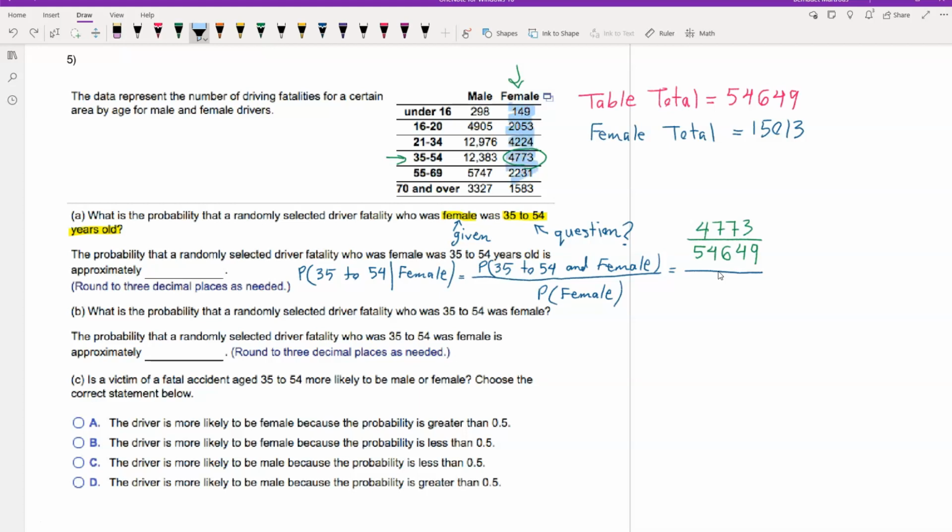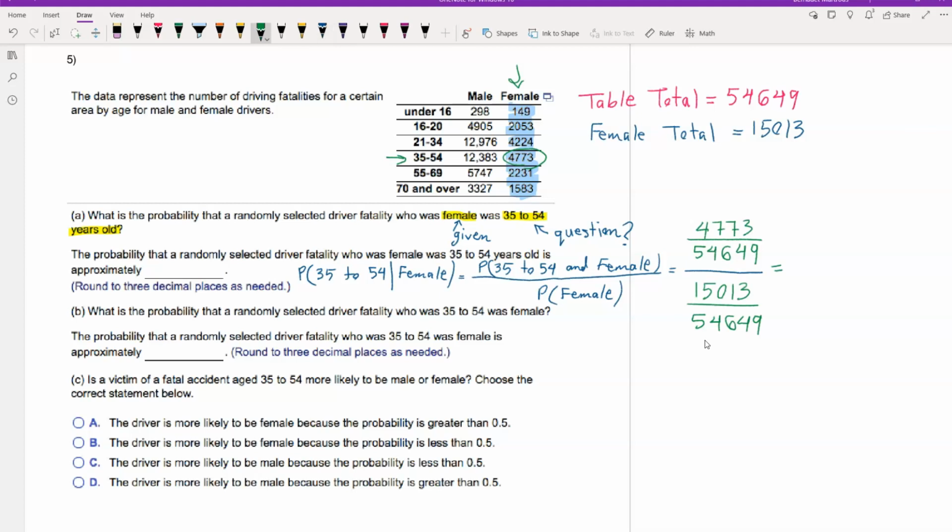Add all these numbers to find the total for this column, which is equal to this number, divided by the table total. So 15,013 divided by 54,649.